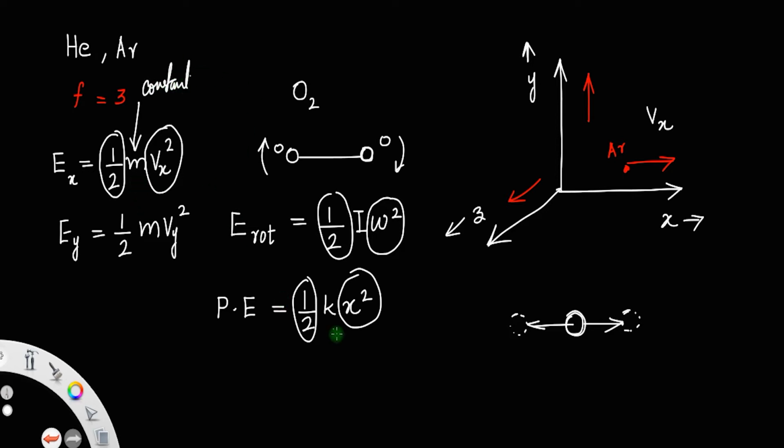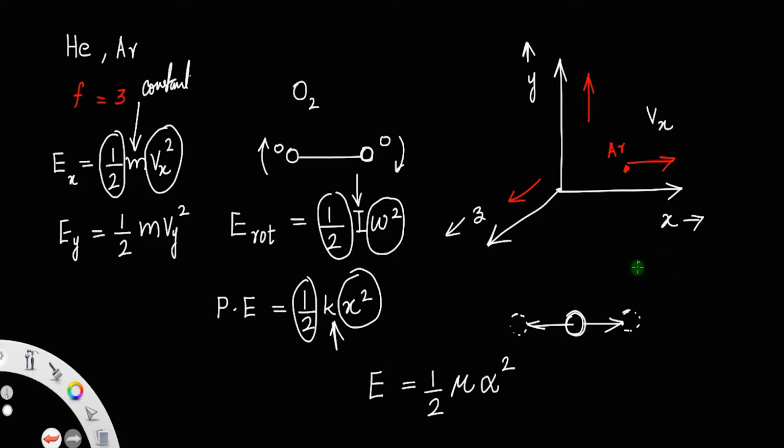Here m is the constant. Here the spring constant is the constant term. Here the moment of inertia is the constant term. So every energy is of the form: there is always a 1 by 2 term, then a constant term. Let's represent that constant as some mu. Then a variable square, let's say the variable as alpha square.